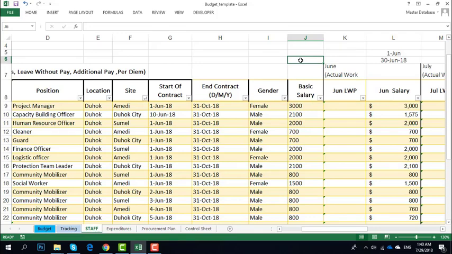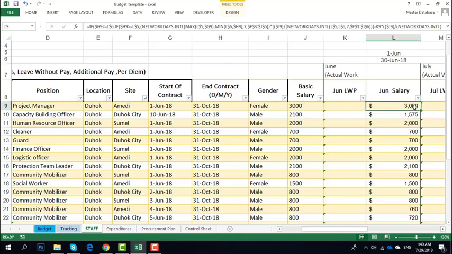I wouldn't say it's the most difficult one, but this one is very important for us to calculate the actual days for the staff who are working.